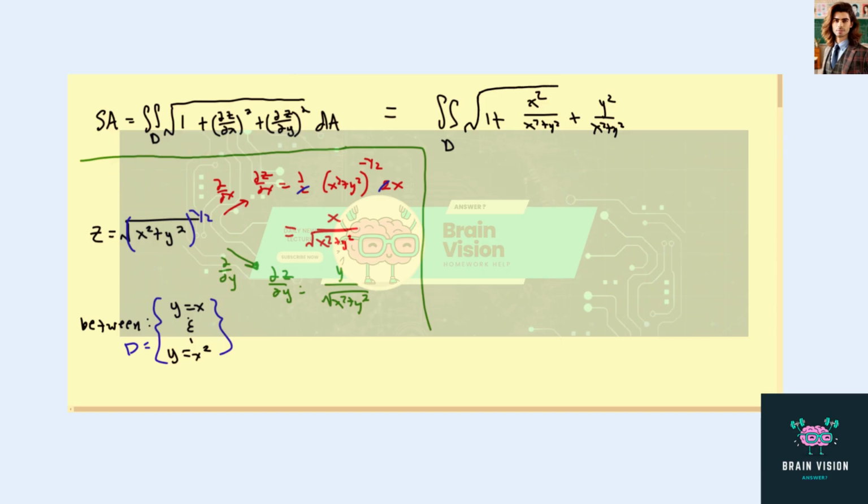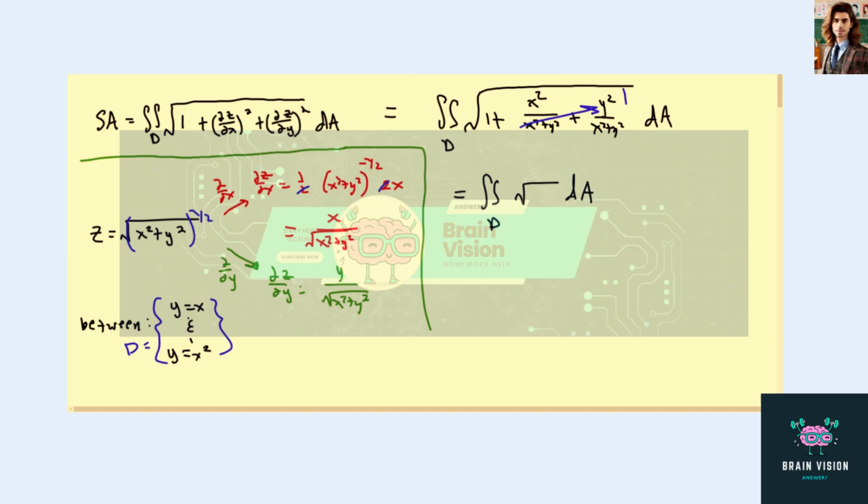Since these have the same denominator, we can write this as one fraction, x squared plus y squared over x squared plus y squared. So this whole thing just becomes 1. And then we have the integral over the region D of the square root of 1 plus 1, or 2.